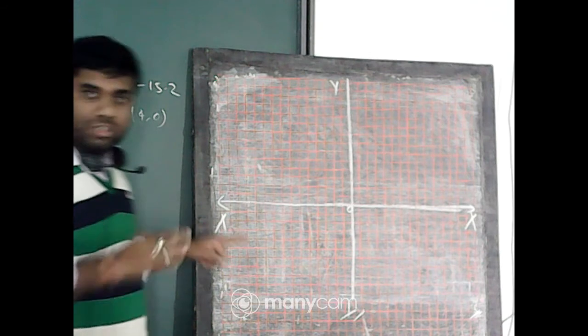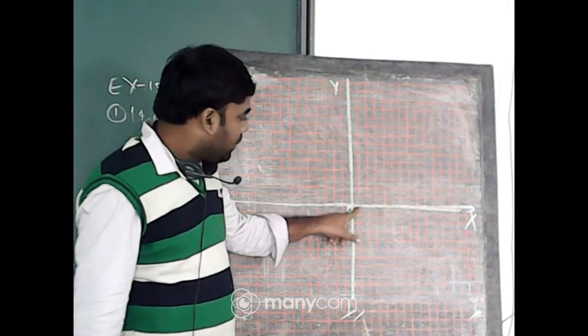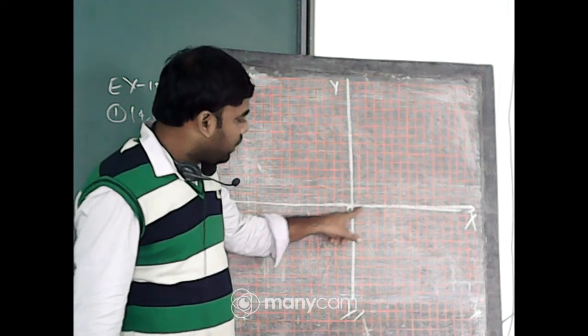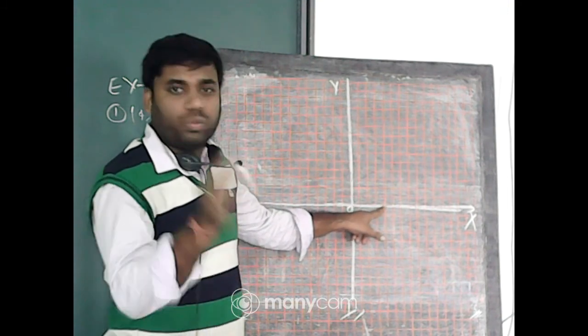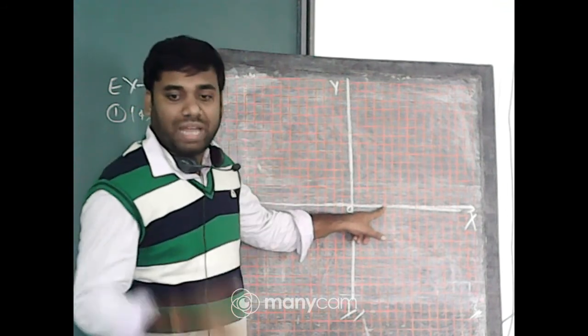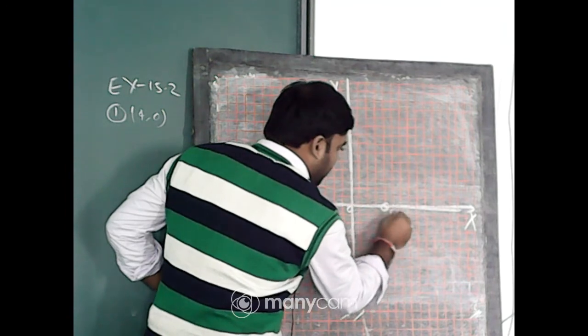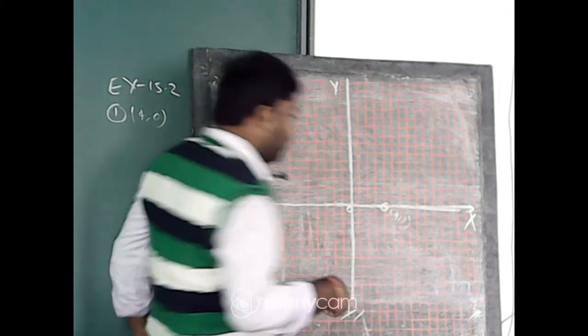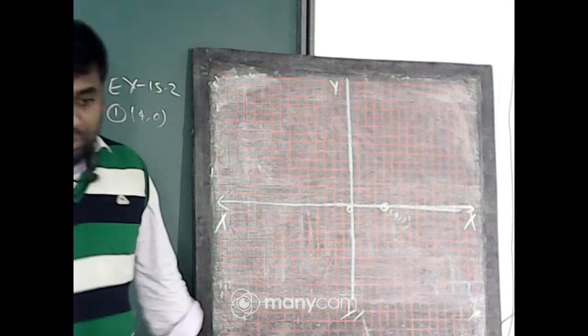The x coordinate means we move along the x-axis. From 0 to 4: 1, the side of a square, 2, 3, 4. And 0 means the point will not go above or down. So that point is (4, 0). Got it, everyone? Any problem?